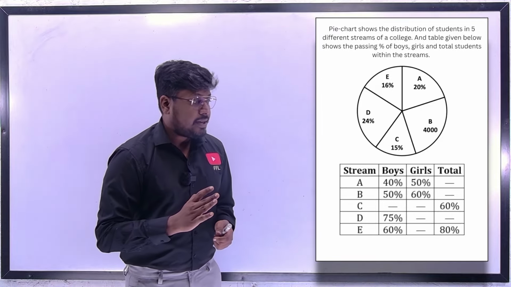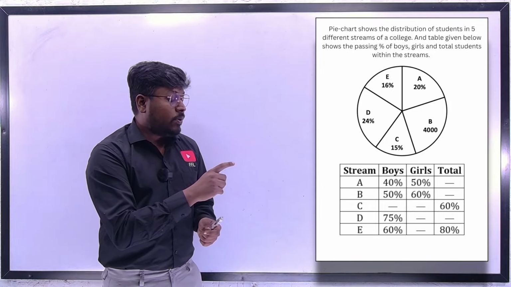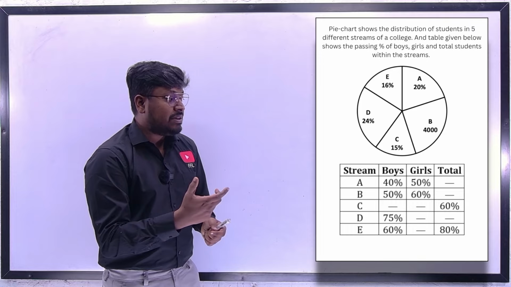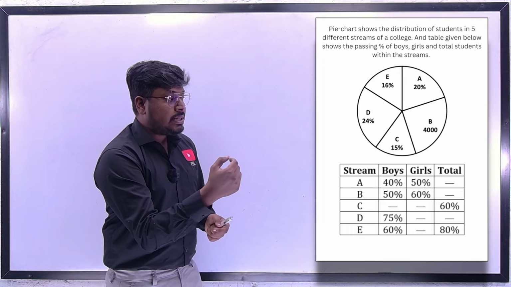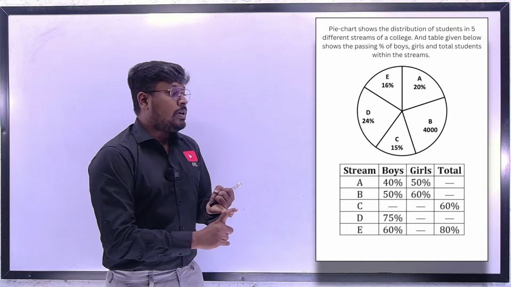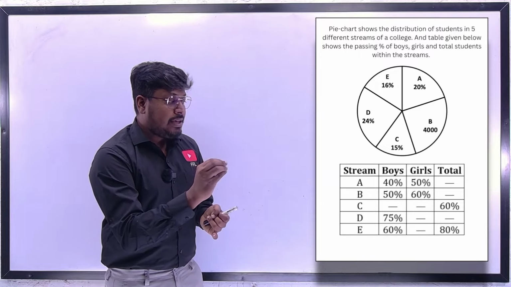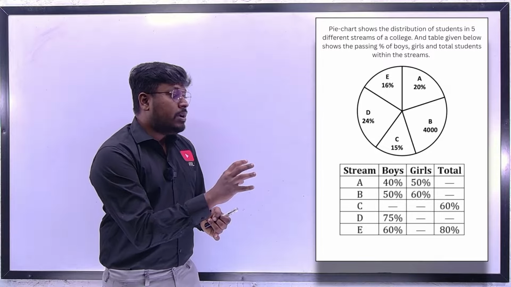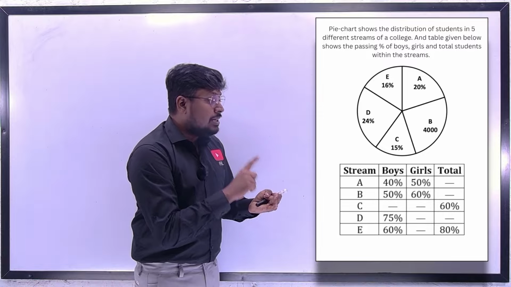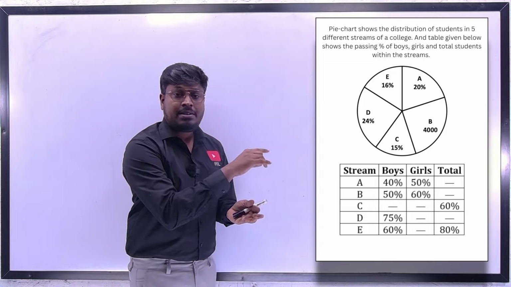If you watch this video after writing the test, it will be very useful for you. So first point, it's a DI based on a pie chart and a table chart. In the table chart, some of the values are missing. The table shows the pass percentage of boys, girls and the total number of students within the stream. There are 5 streams, A to E, in a college. The total percentage of boys passed and girls passed has been given, and the total students passed has not been given in some of the table values.